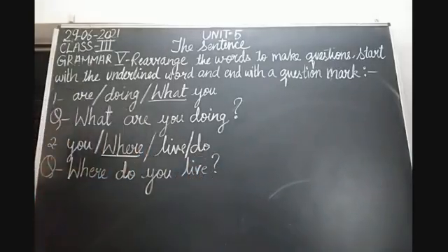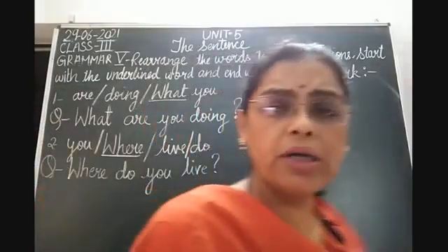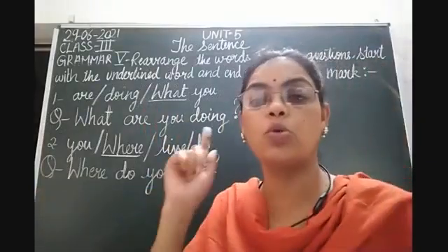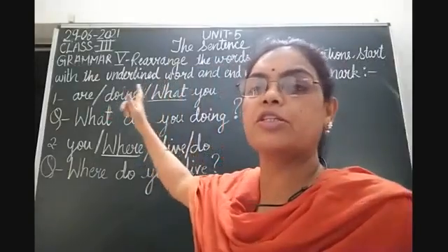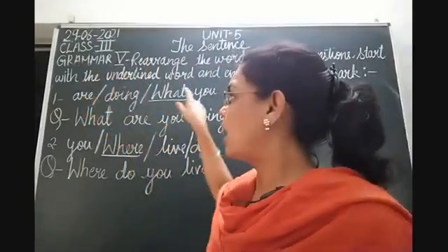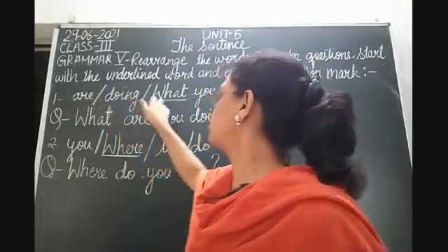And the most important thing which you must remember, that whenever you are framing a question or a sentence with jumbled words, you must remember to count the words. बेटा जितने जंबल ऑर्डर में वर्ड्स है उतने ही वर्ड्स आपके क्वेश्चन में होने चाहिए. Like 1, 2, 3, 4.